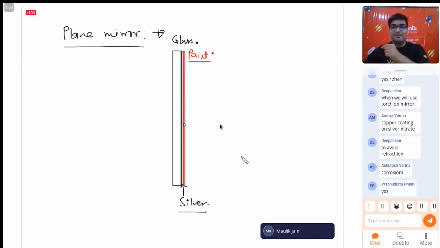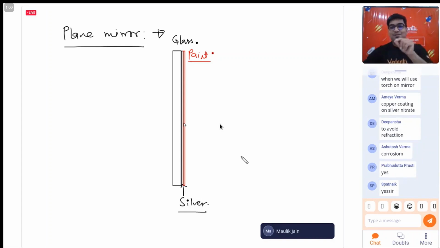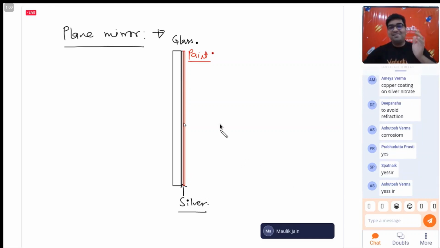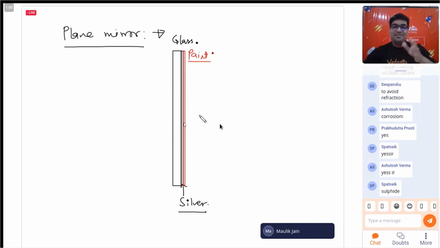You guys have seen those jewelries, right? काला हो जाता है silver. They get blackish, right? Yes sir. So effectively, it doesn't matter how we put the paint, but with time it happens that this silver is removed from it and we start seeing those spots in the mirror, right?